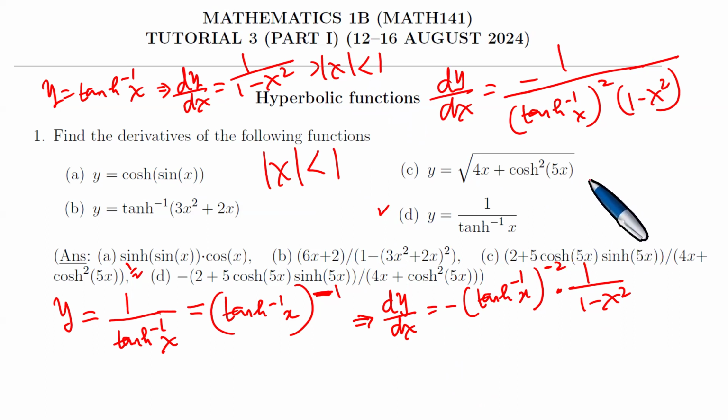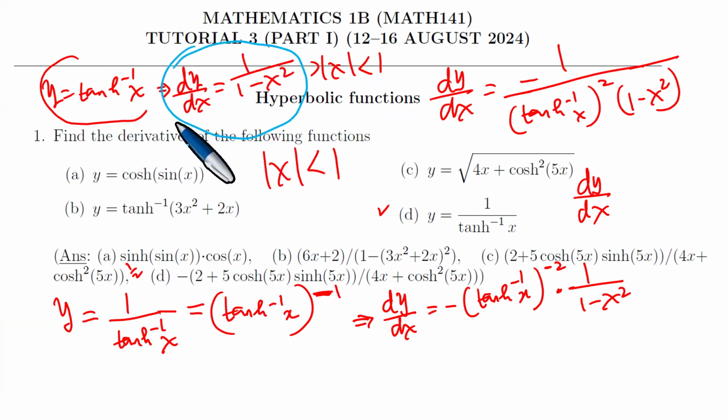Well, because we said that whenever you have the arctangent, its derivative must be 1 over 1 minus x squared, where the modulus of x is less than 1. Why should the modulus always be less than 1? More often than not, they might not even ask you that.